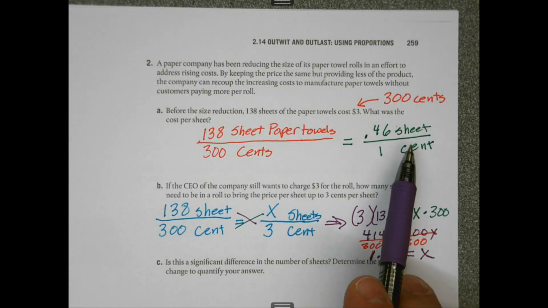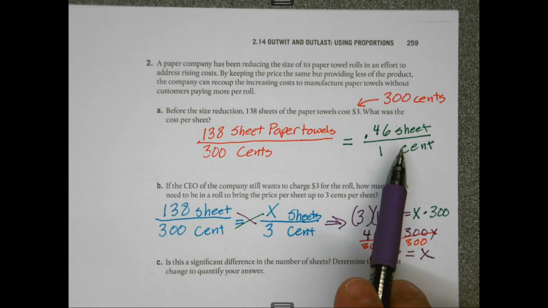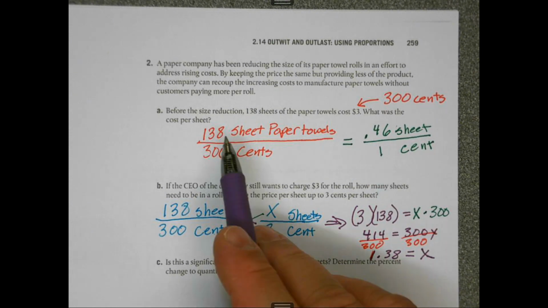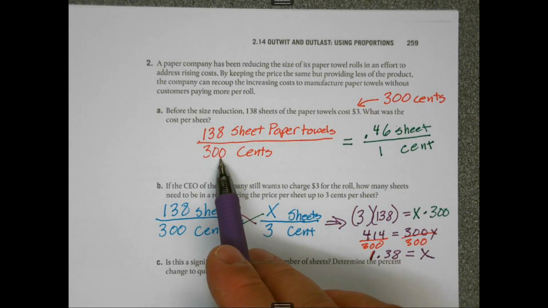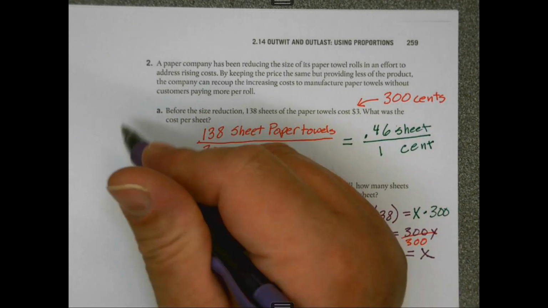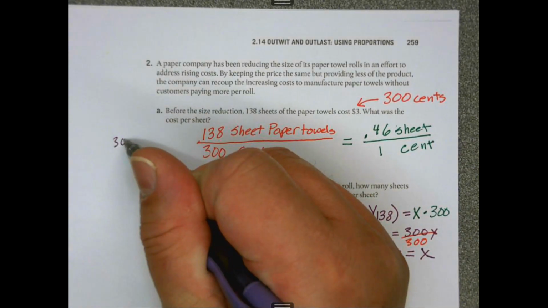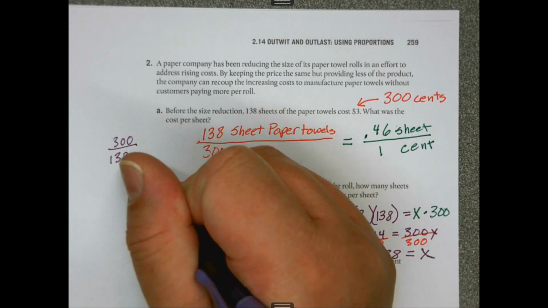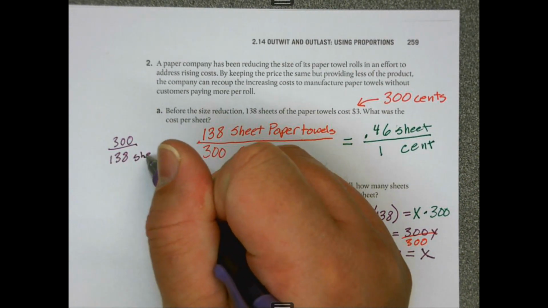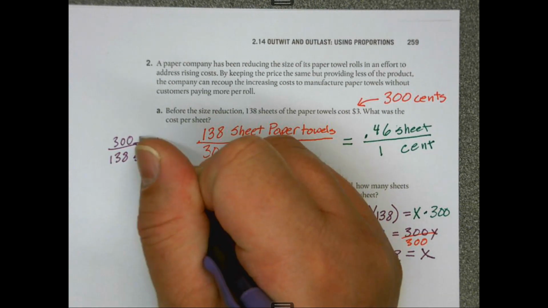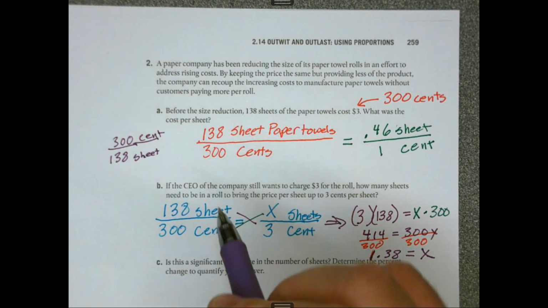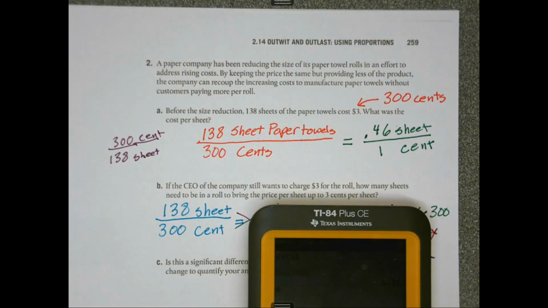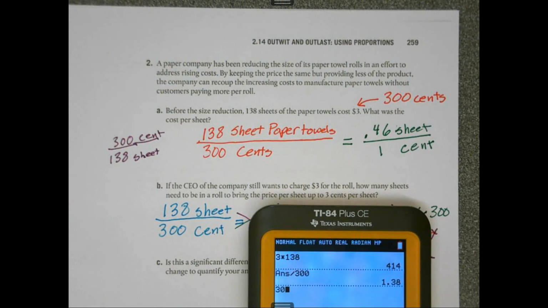That gives me the cost per sheet. So 300 divided by 138 gives me 2.17 cents per sheet.